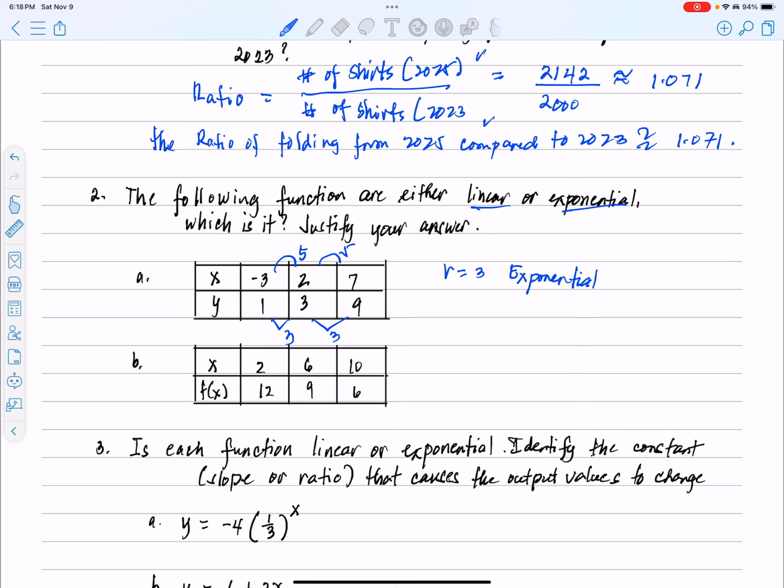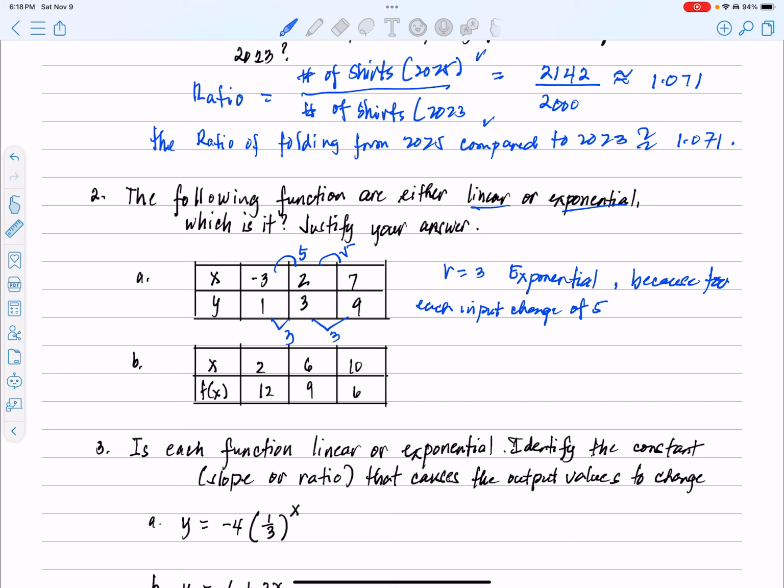Why is this exponential? So you could start saying, because for each input, that is the x value, there is an input change of 5, from negative 3 to 2.